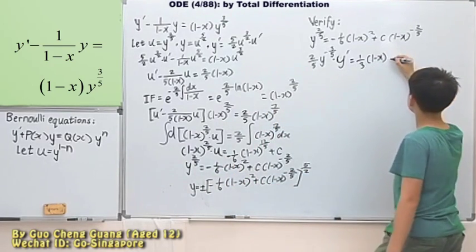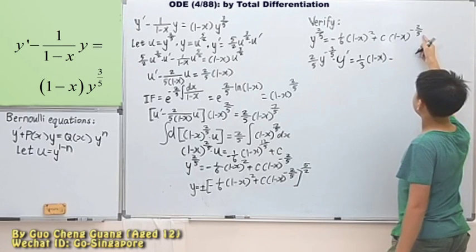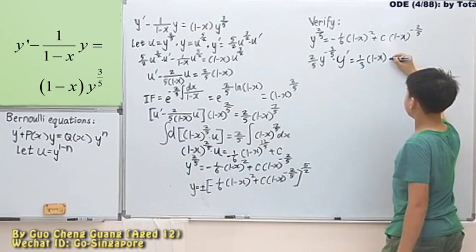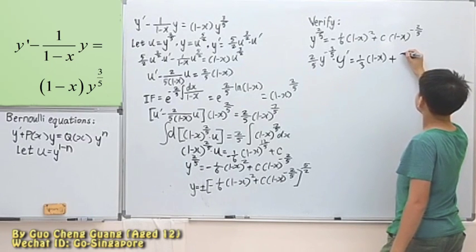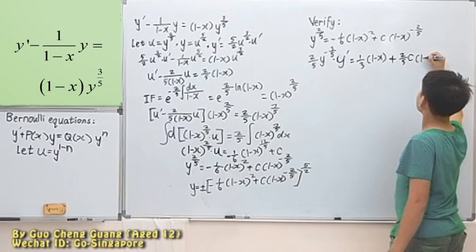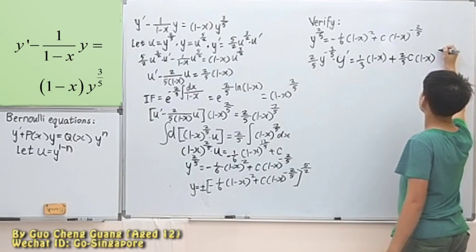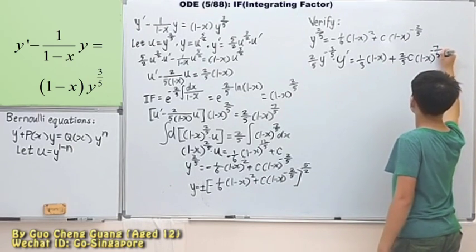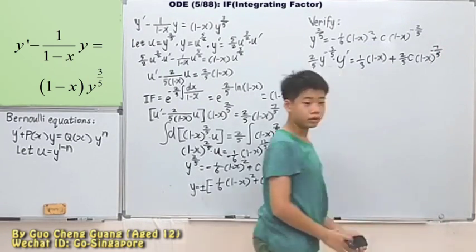Then here's a negative, here's a negative, here's a positive, that means plus. Then here again, minus 1. Like this.